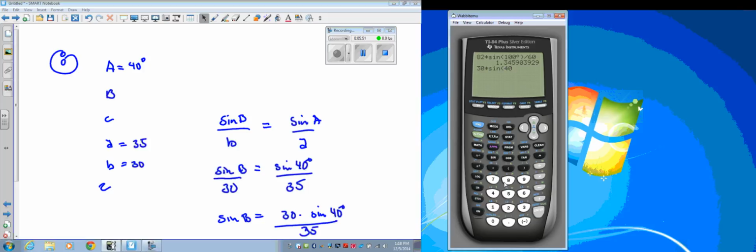Because I got that mode set in degrees, I won't have to do that degree. All right, so notice, divided by 35. This is supposed to be 35.